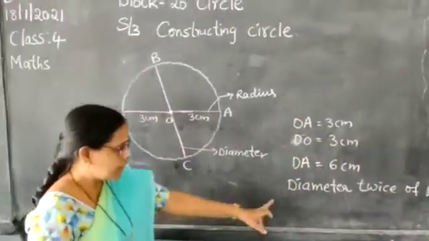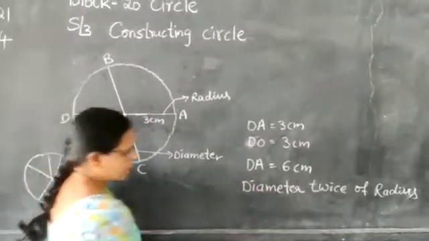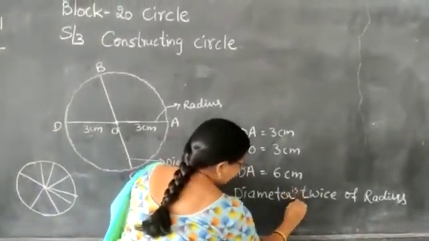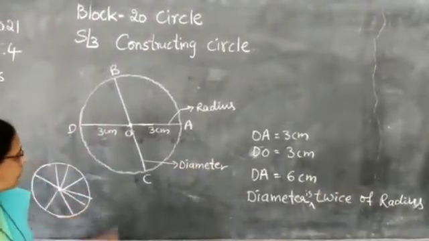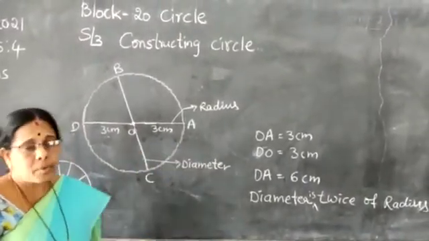Okay, we can say the diameter is twice the radius. DA is how much? 6 centimeter.